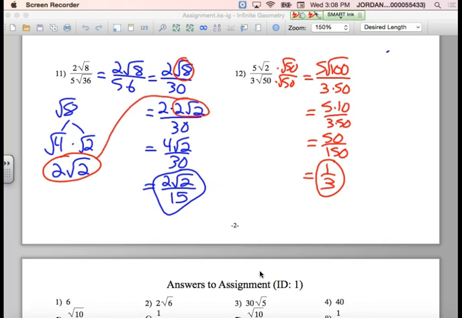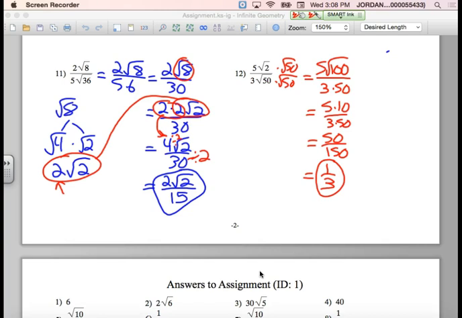But there's still 2 out front. So you multiply the 2 that was out front originally with the 2 that we found out front now, and that gives us 4, right? So these 2 right here give us the 4. And then we've got 4 square root of 2. Then 4 over 30 reduces because both of those will divide by 2. So we divide them by 2 and we get 2 square root of 2 over 15.